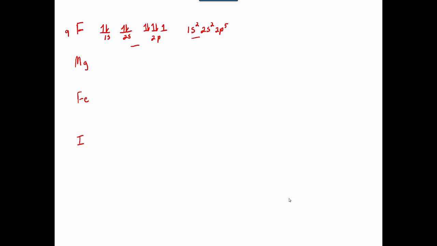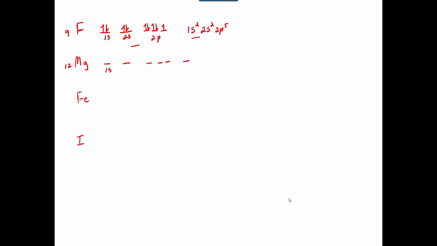The next one is magnesium. Magnesium, we're looking at atomic number 12, so that means 12 protons, 12 electrons. So again, I'm going to go ahead and draw my diagram.